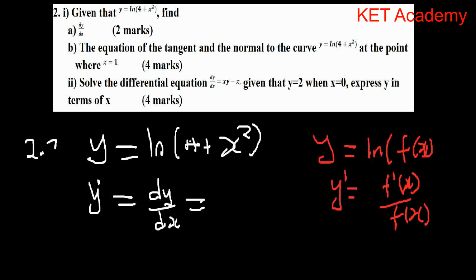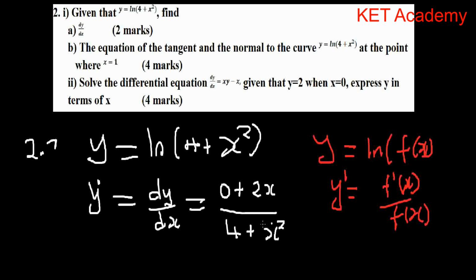So we know that differentiating a constant gives us 0, plus differentiating a quadratic, which is squared, we bring down the power, so it will be 2x, and we subtract the power by 1, so 2x to the power 2 minus 1, which is going to give us 2x. So now divided by the original function 4 plus x squared.